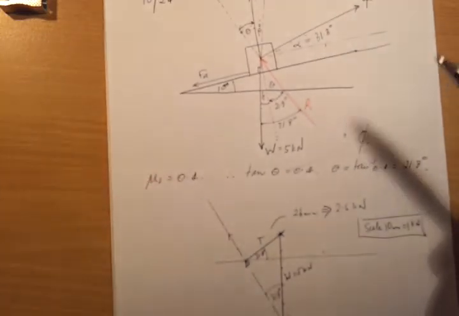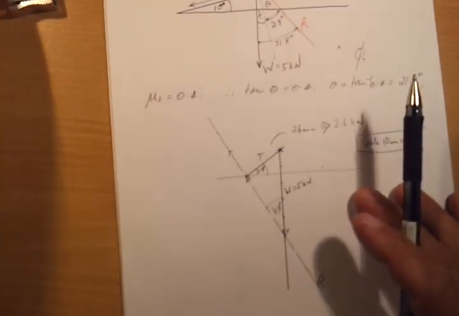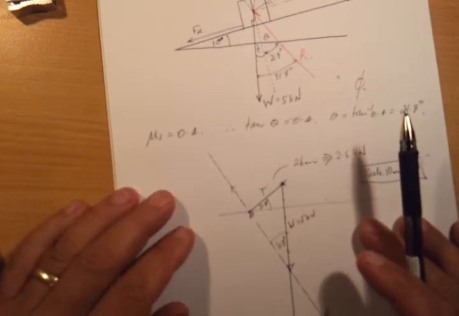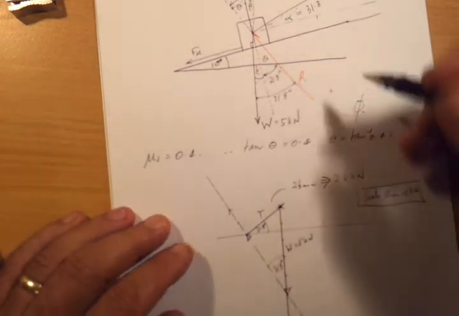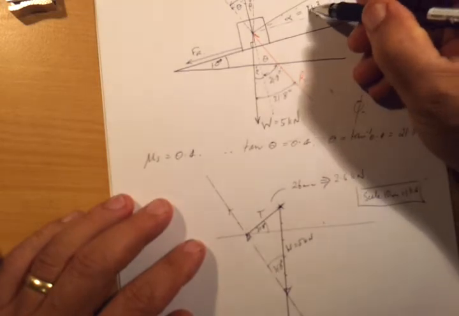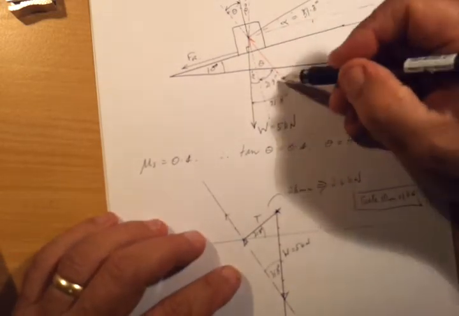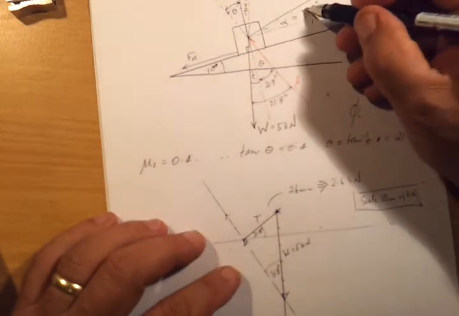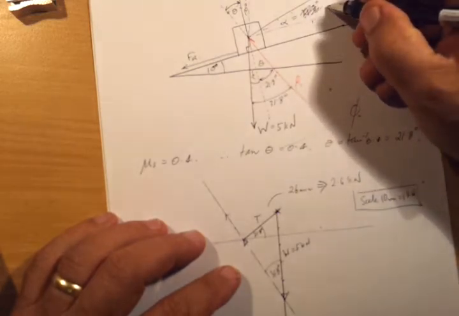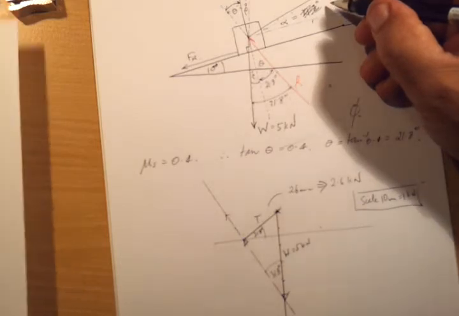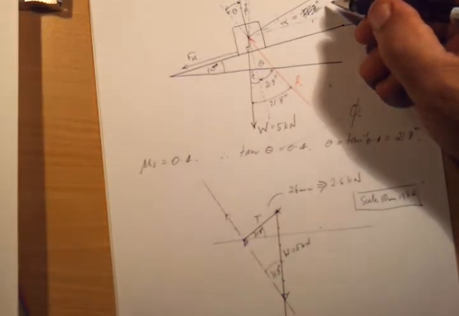So I'm just double checking myself over here to make sure that I understand. Okay, yeah, alright. So this angle here is not the 10 degrees. This angle is actually 21.8 degrees.